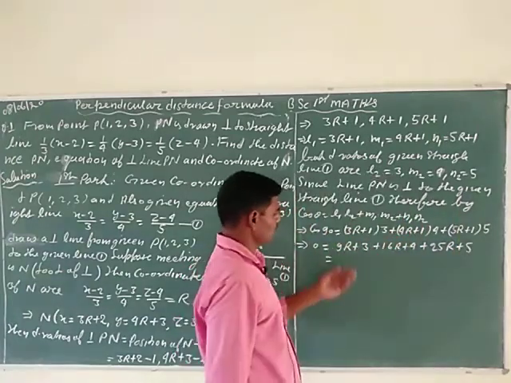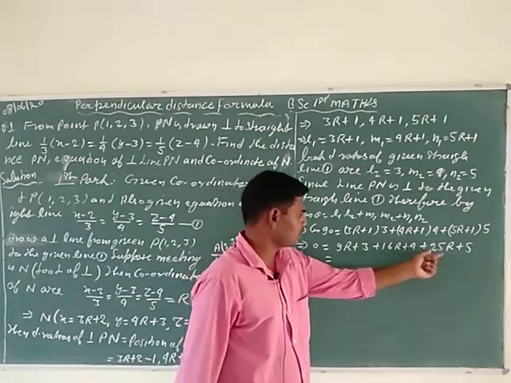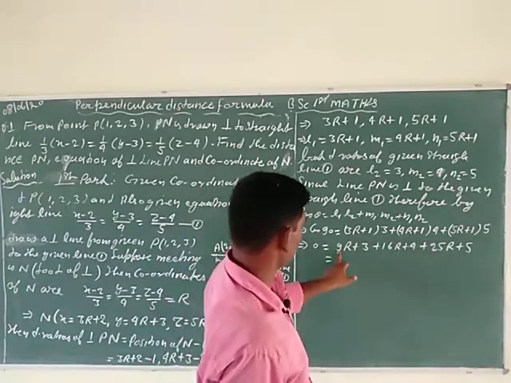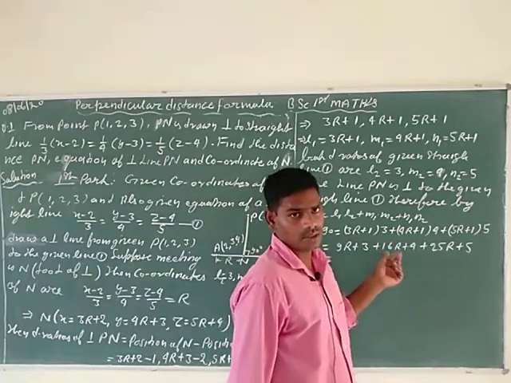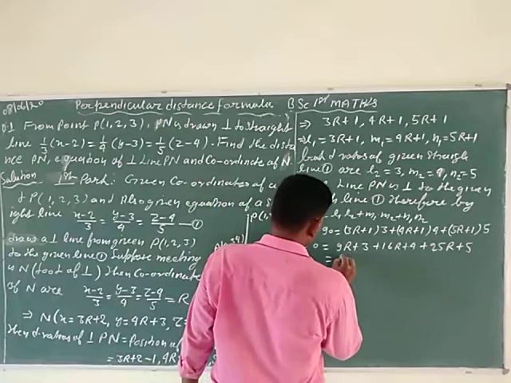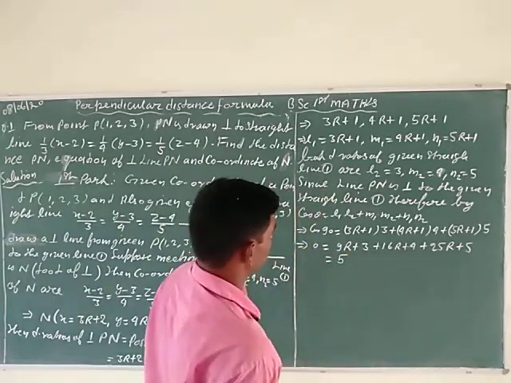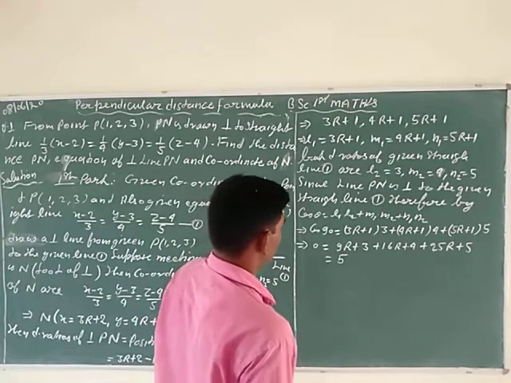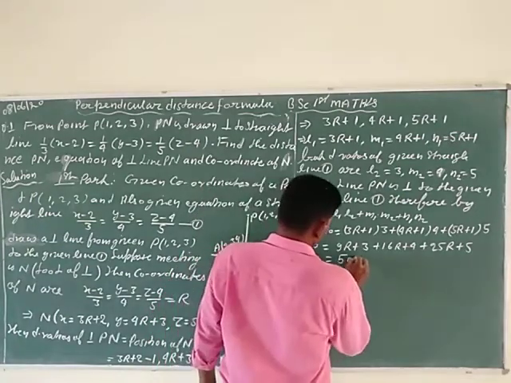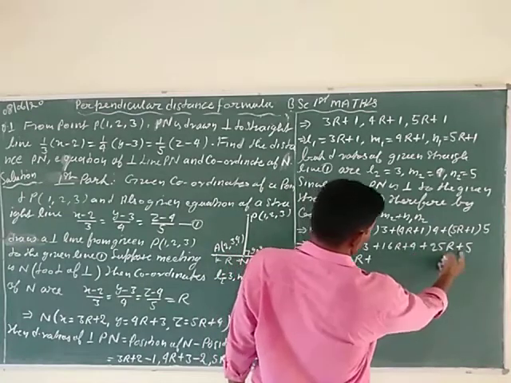Collecting R: 9R, 16R and 25R. 9 and 16 make 25, and plus 25 is equal to 50. So 50R plus 3 plus 4 plus 5.